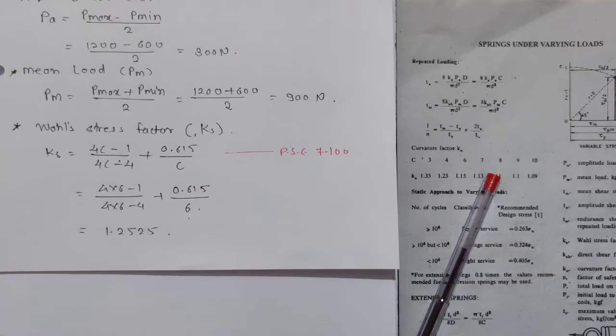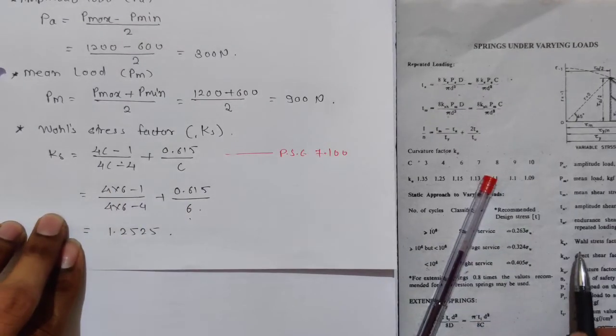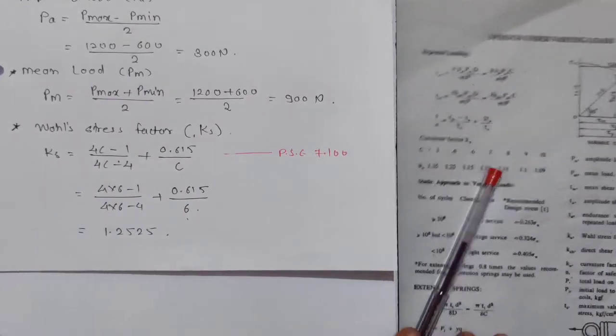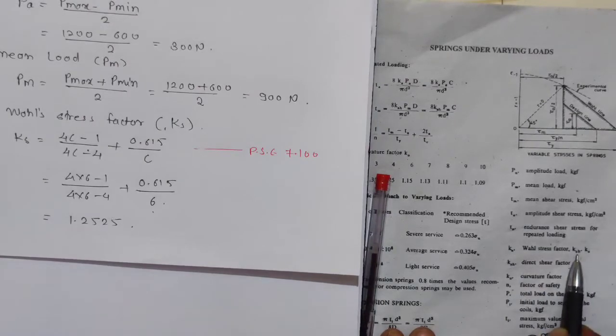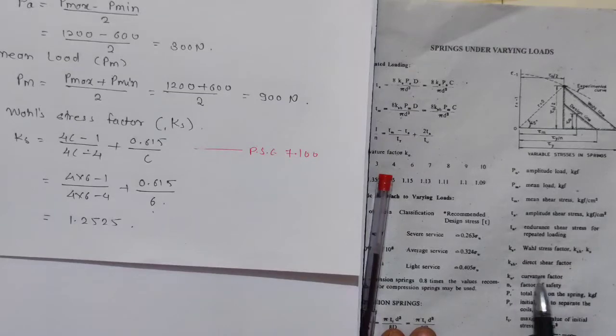We know the formula of KSH, 1 plus 0.5 upon C, but that was derived using the static approach. So how can we derive the formula over here? For the wall stress factor, in front of this you can see the formula given. Wall stress factor is nothing but KSH, the direct shear factor, into KO, the curvature factor.